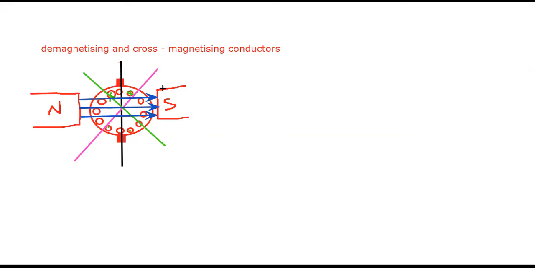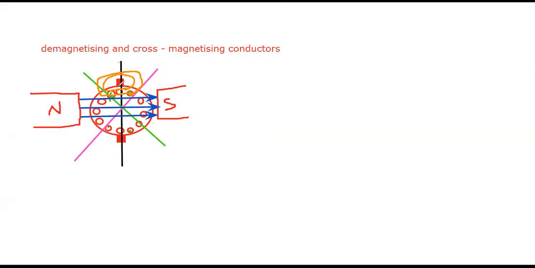Now what happens to the demagnetizing flux? The demagnetizing flux will travel from right to left in this fashion. We use different colors so that we can identify them easily.